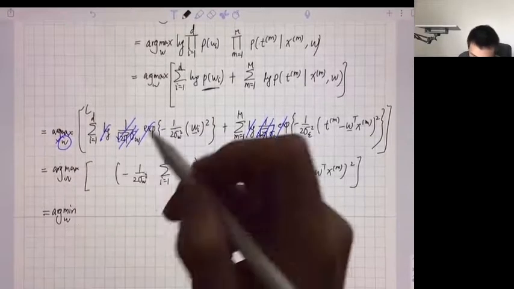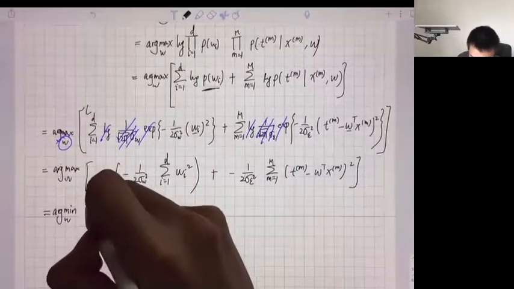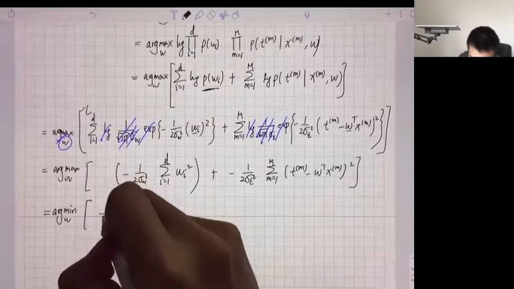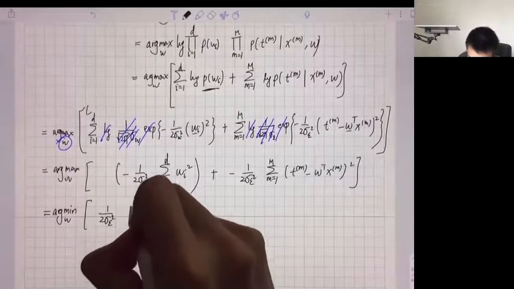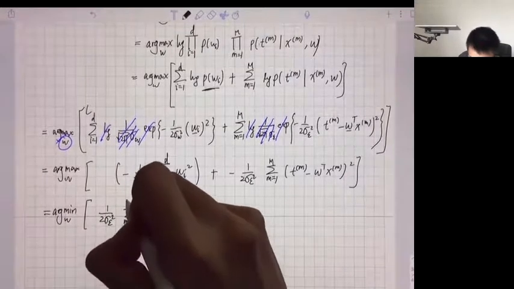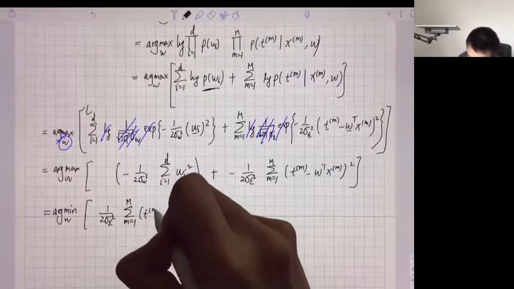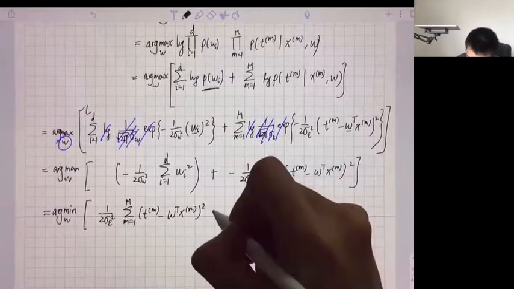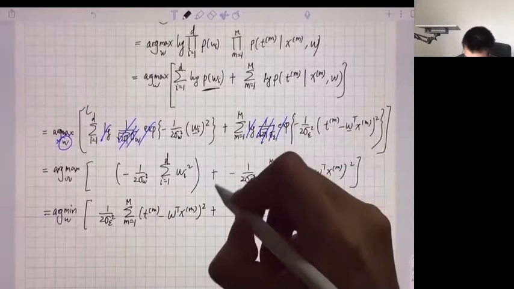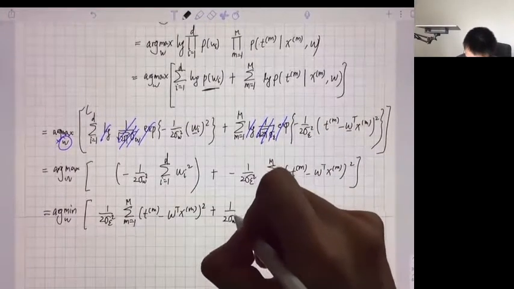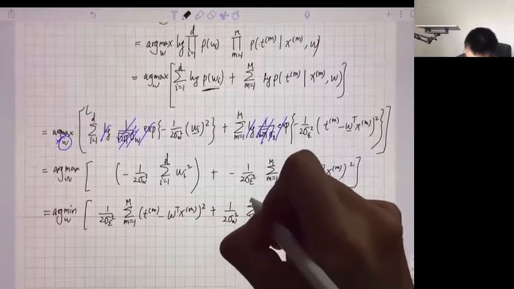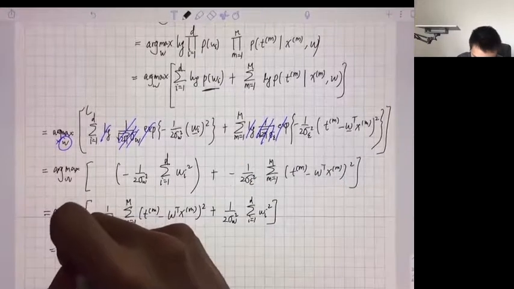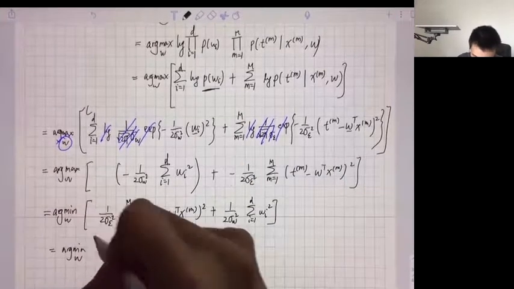So I say this is argmin, then I change the minus to plus, okay? So it gives me 2 sigma epsilon square, sum from 1 to m of Tm minus W transpose Xm, plus, so I cancel the minus, W square this. Okay, and then I can rearrange the terms.